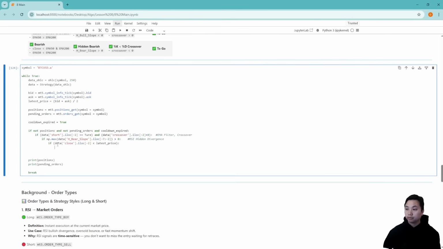We compare the previous bar's close to the latest price. This ensures that we are not chasing the market, because if the price has already moved too far away, we are going to skip the trade.